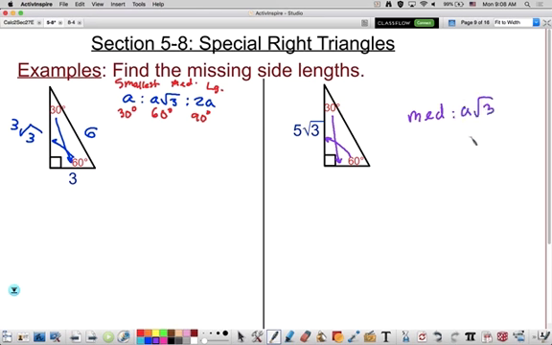So that means A must be 5. That told her that the smallest side, which is just A, must be 5. I think that's how Bella got A equal to 5. Well, then what's the longest side?